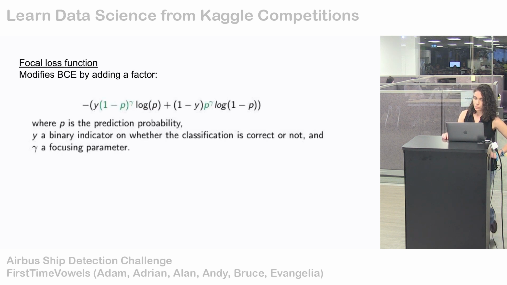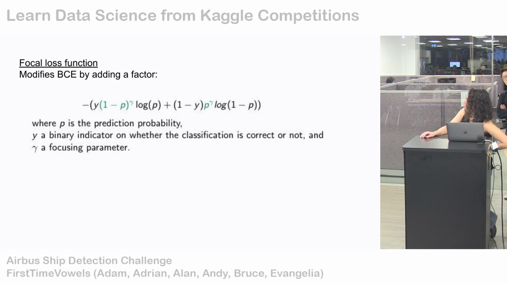Another one that was mentioned by someone that did the competition was the focal loss function, which is very, very similar to the cross entropy. The only difference is that you add these factors that I have there in green. But other than that, it's very similar to BCE.